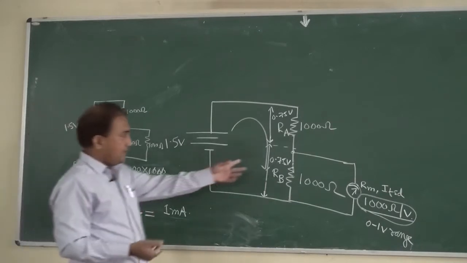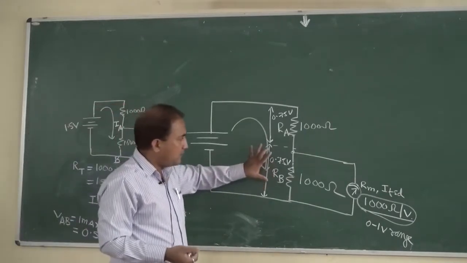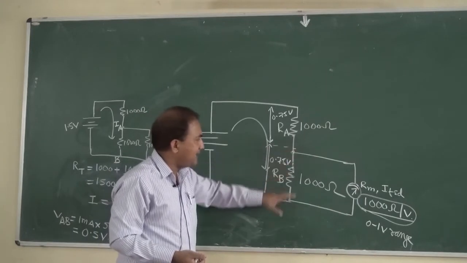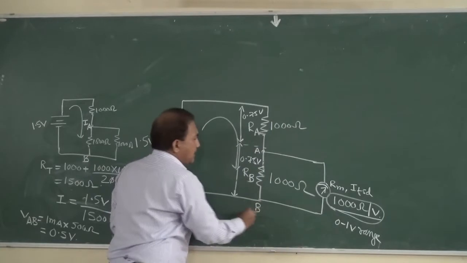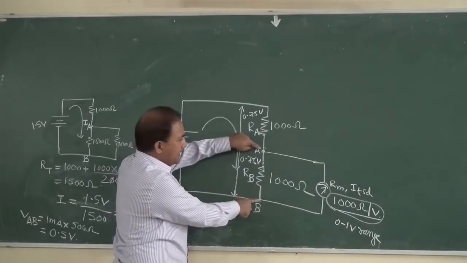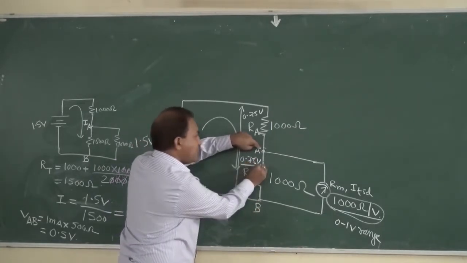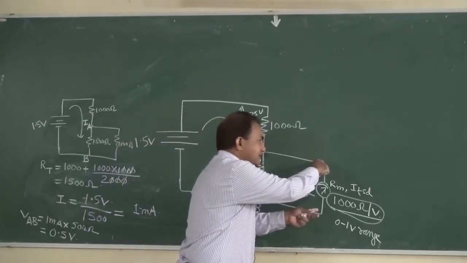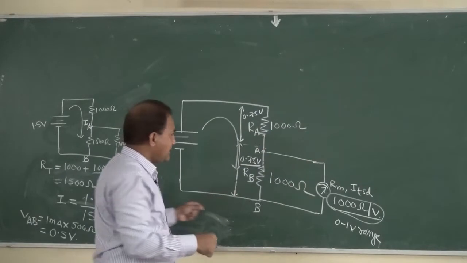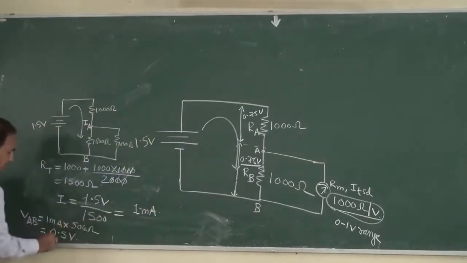Now see, actually the voltage drop at A and B, this is A and this is point B. Voltage drop at AB should be 0.75, but because of using this meter, it is showing 0.5 volt.